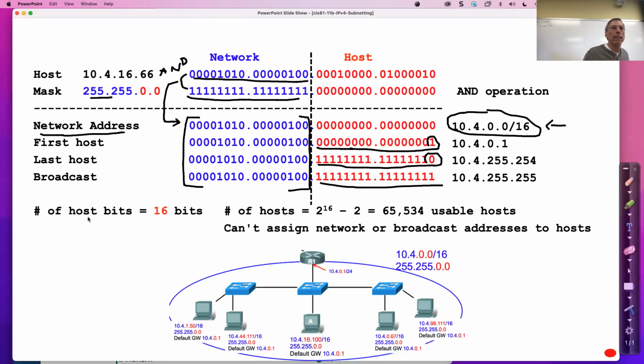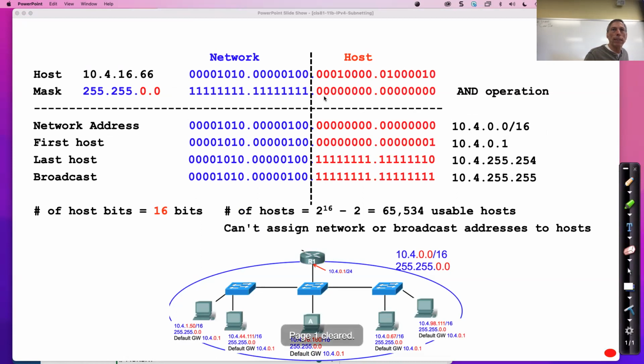Okay, so what this gives us is 16 host bits. What does that mean? Well, the number of hosts we can have on our network with 16 host bits, these bits here, is 2 to the 16th, the number of host bits, minus 2.